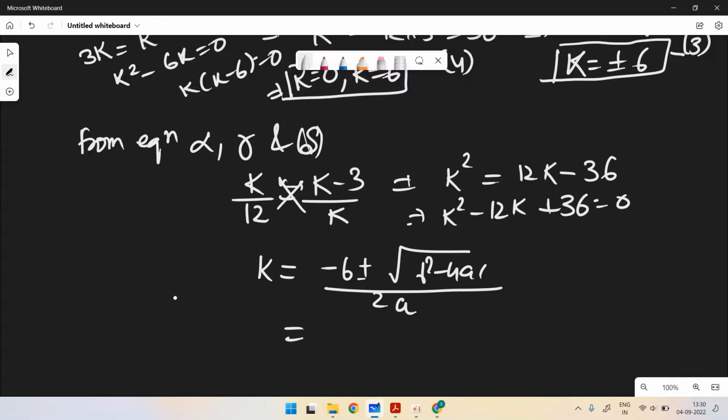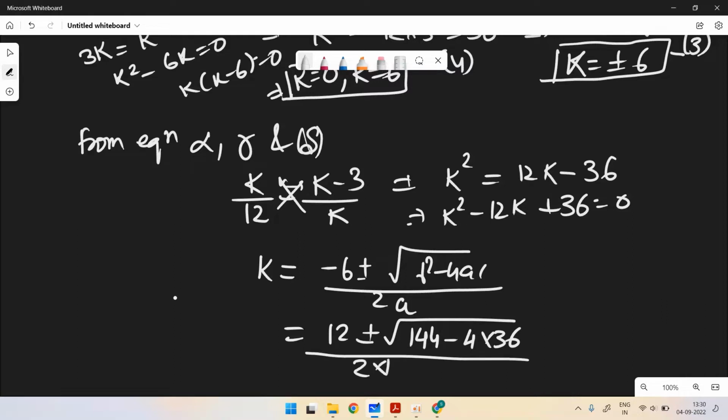Here the value of b is minus 12, so this is plus 12 plus minus under root 144 minus 4 into 36, by 2 into 1, and a is 1 only. 36 into 4 is 144 only, so this becomes 12 plus minus under root of 0 by 2, which is 6. So k equals 6.